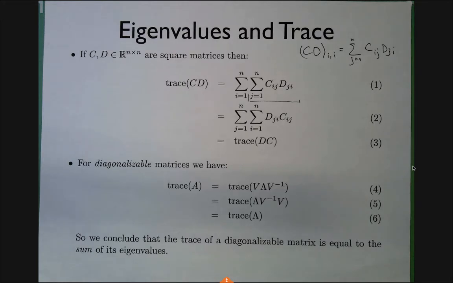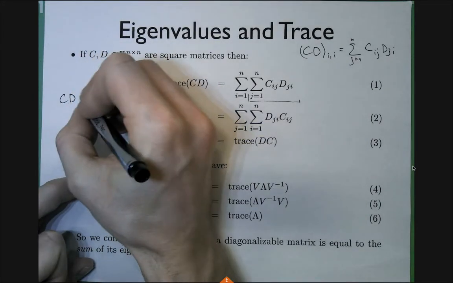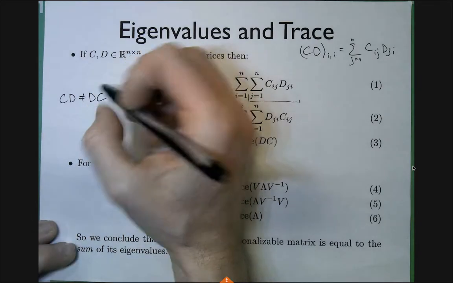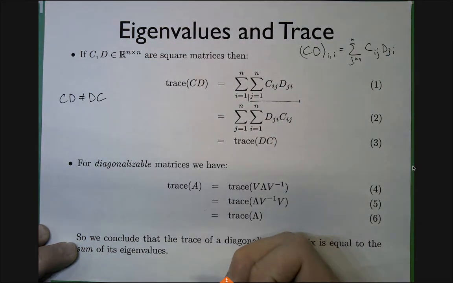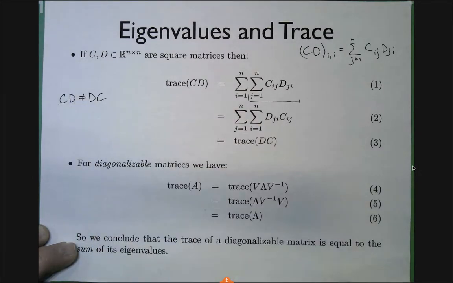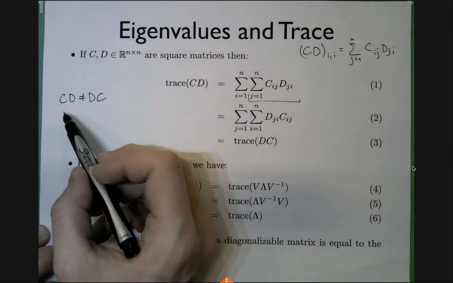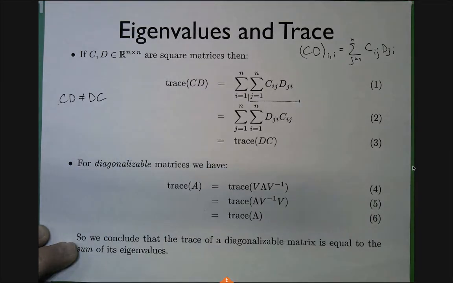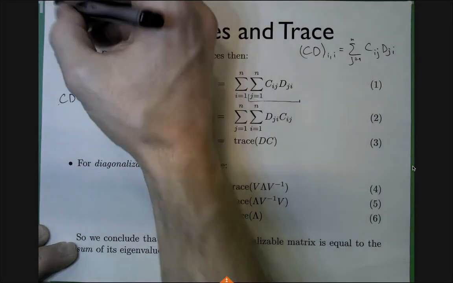So let's think about it. In general, CD will not be equal to DC. Under some special circumstances it could be. You pointed out that if D would be the inverse of C, then yes, they do commute. If both of them are symmetric? I don't think that would cut it. No, here is a counterexample.